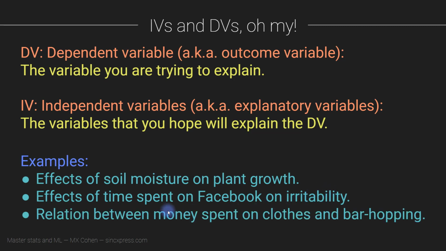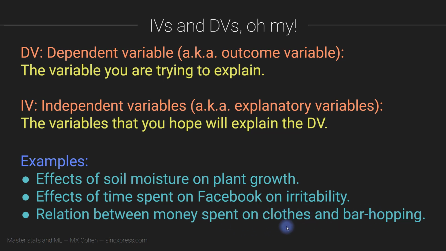All right, here's a third example: the relation between money spent on clothes and bar hopping. This sounds like some interesting research, but it's actually a little bit harder to tell which one is the dependent variable and which one is the independent variable. We could imagine that the more people spend on clothes, the more they want to show off their nice clothes, and so they go out more often. On the other hand, we could also imagine that when people go out to bars more often, they end up wanting to buy more clothes, so they spend more money on clothes.